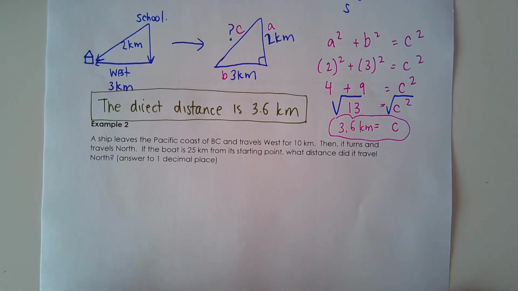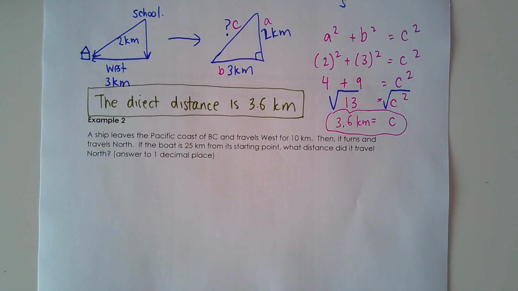Okay, so example 2. A ship leaves the Pacific coast of BC and travels west for 10 kilometers. Then it turns and travels north. If the boat is 25 kilometers from the starting point, what distance did it travel north?